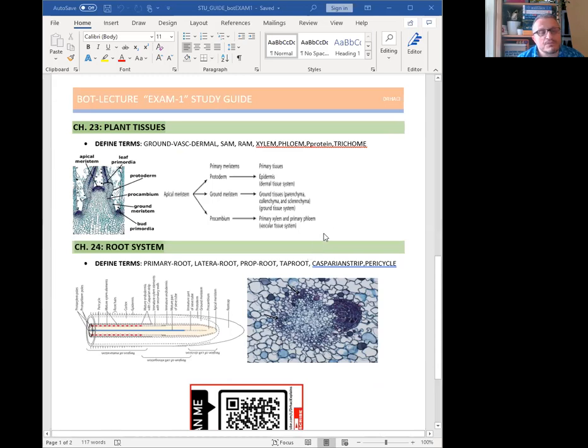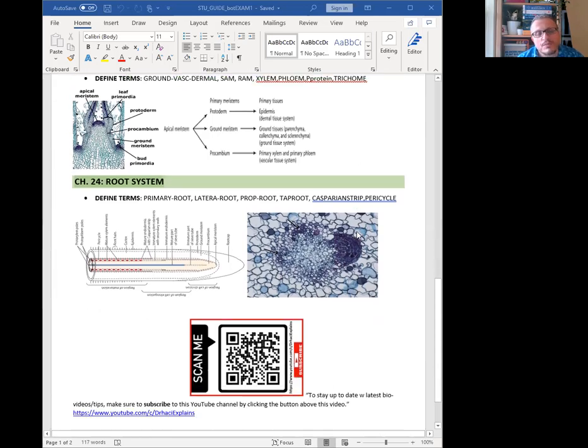Chapter 24 is about the root system, which includes primary root, lateral root, prop root, tap root, Casparian strips, and pericycle. These are all part of the types of morphology and anatomy of the roots. Primary root is the major root. There are, as you know, two classes of flowering plants, monocots and dicots.